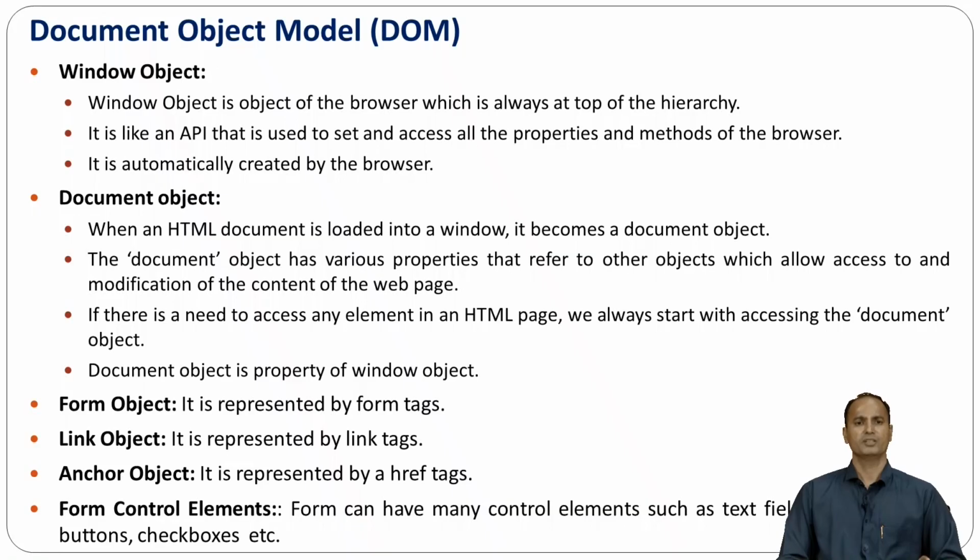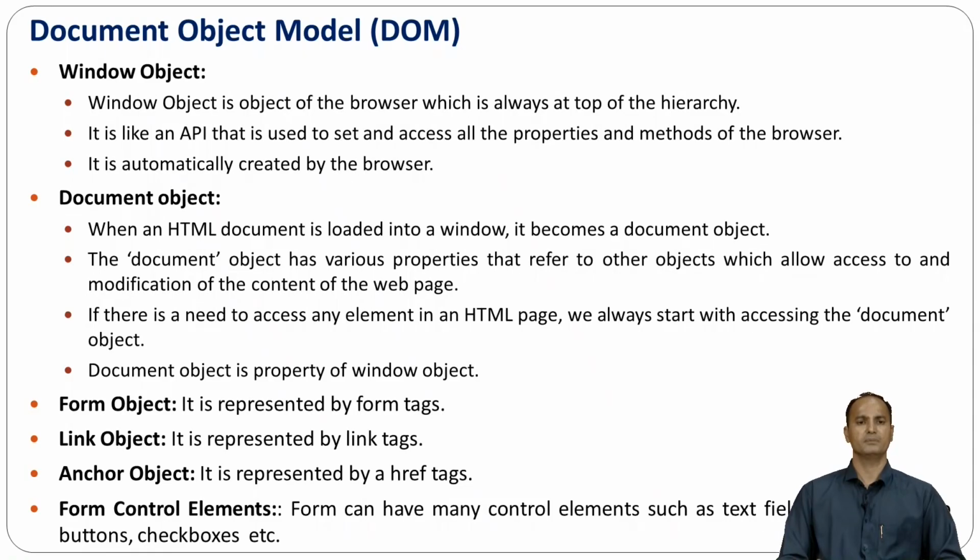Document object. When an HTML document is loaded into a window, it becomes a document object. So once the HTML is loaded, the document object comes into the picture. The document object has various properties that refer to other document objects, which allows access to and modification of the content of the web page.